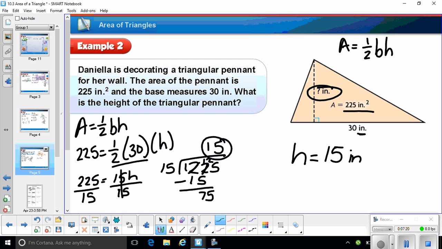I then can go back and check my answer by plugging in 15 to the height and seeing what I would get. And so let's go ahead and do that with a different color.